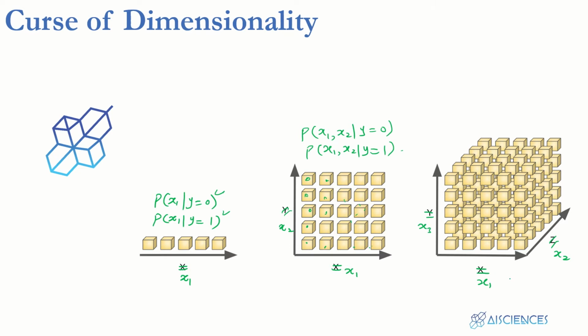If your features are more than 2, 3, then the space of these features, sometimes called the feature space, becomes so large that the number of data points needed to estimate these functions reliably, for example, x1, x2, x3 given y is equal to 0, and similarly for y is equal to 1, the two functions, grows on and on as we have many more features.